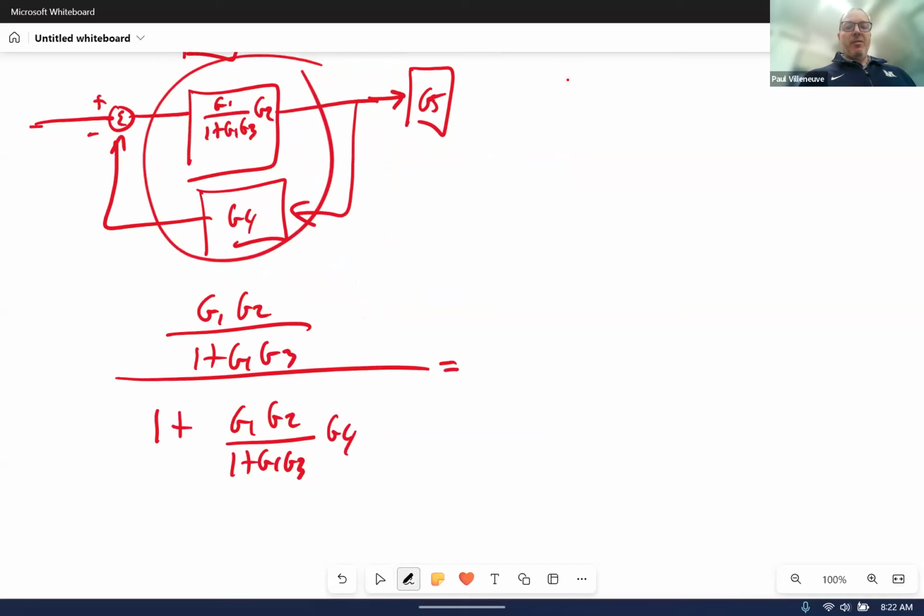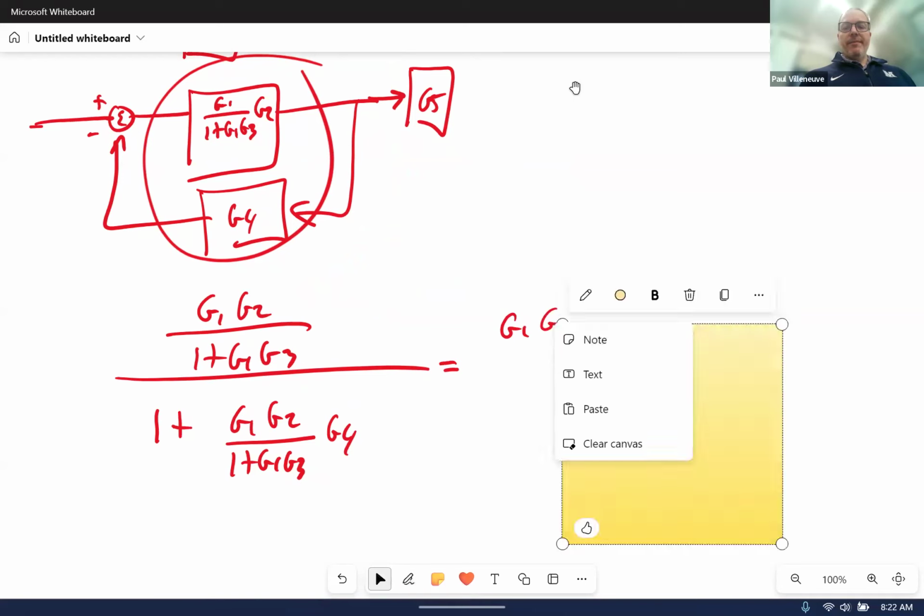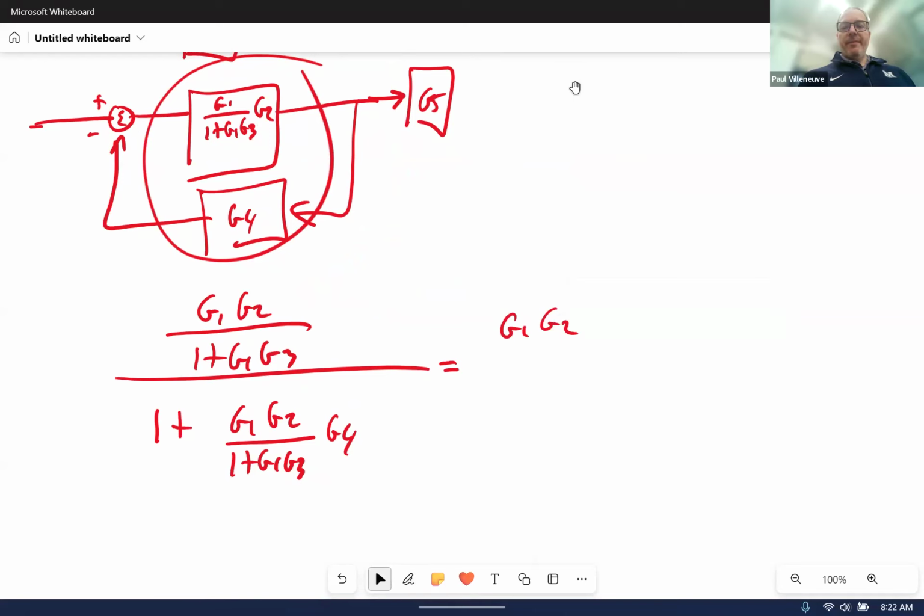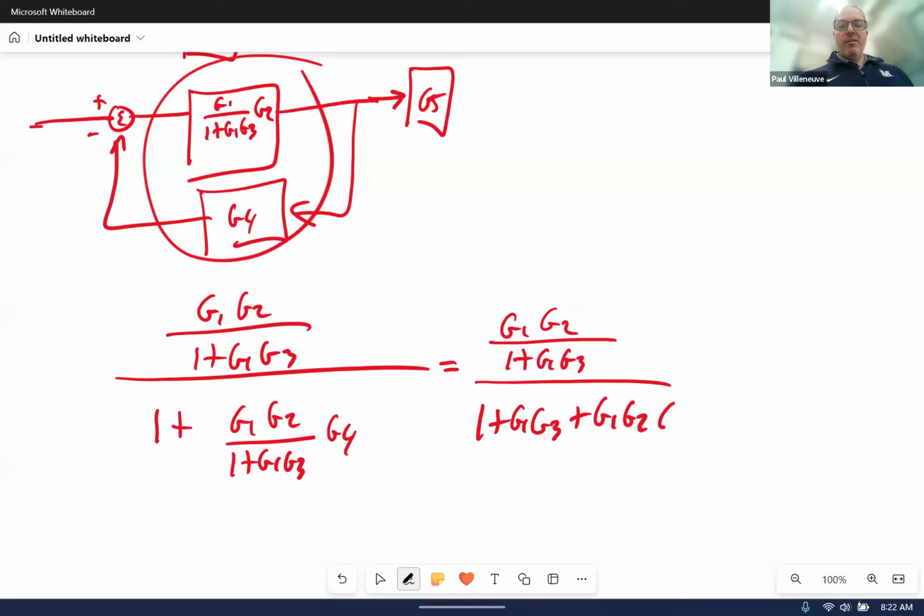So that's going to be equal to G1, G2 over 1 plus G1, G3, all over 1 plus G1, G3, plus G1, G2, G4, all over 1 plus G1, G3.